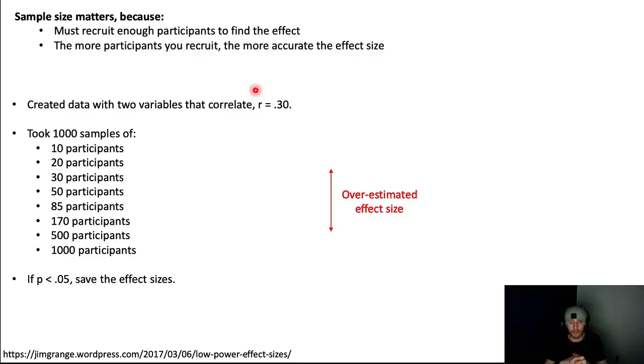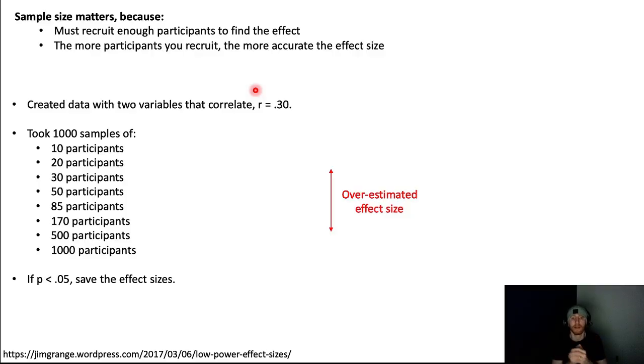Then what he wanted to know was if any sample had a significant effect, he saved the effect size. Remember, if you're a psychologist and you recruit 10 participants and you get a significant effect, you publish it. If you recruit 10 participants and you don't get a significant effect, you don't publish it. That's traditionally the way it worked.